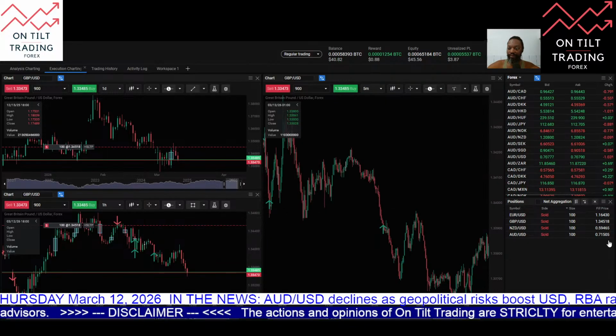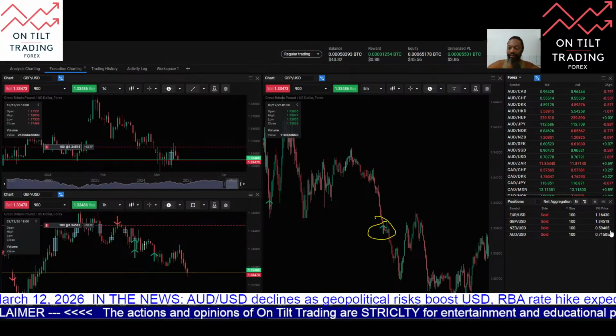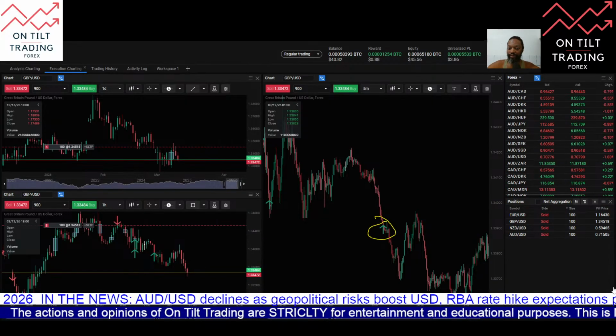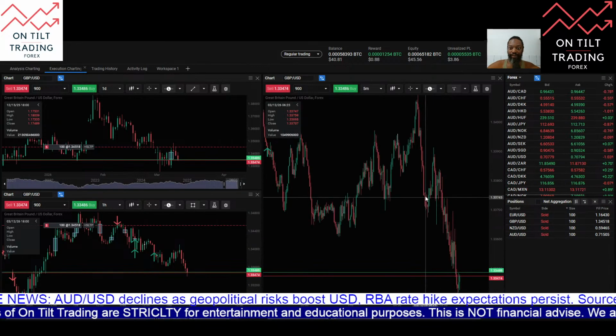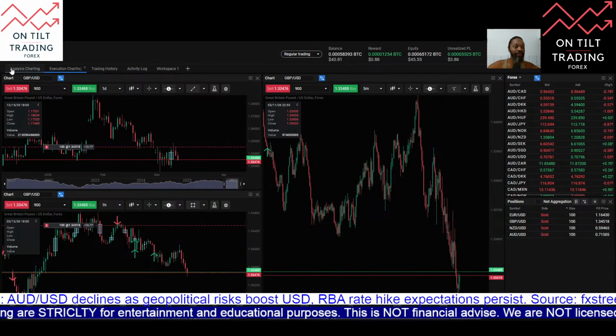And then a little deeper here, and now just holding here for the remainder as price is still delivering here overall to the sell side.